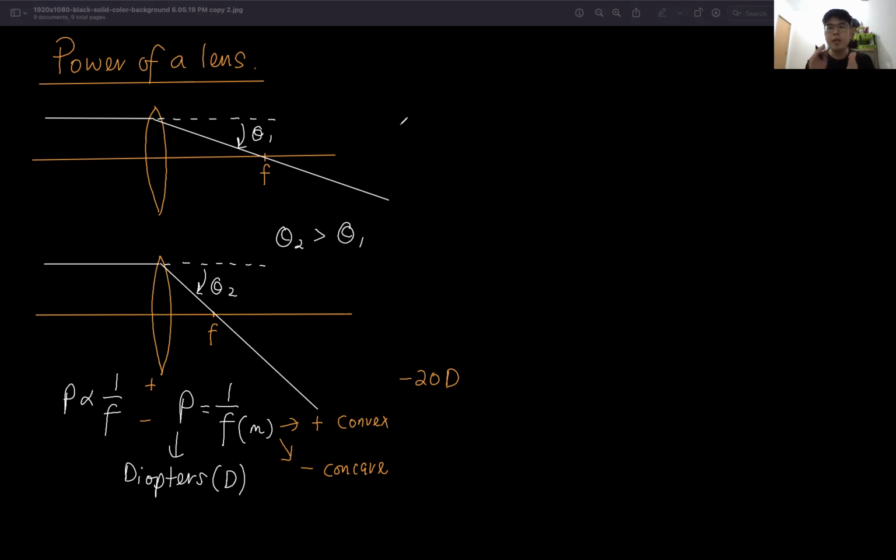Now, what if we combine two lenses together? I can have a single lens, and I can also have a double lens. I put two lenses very close to one another, like touching, like that.